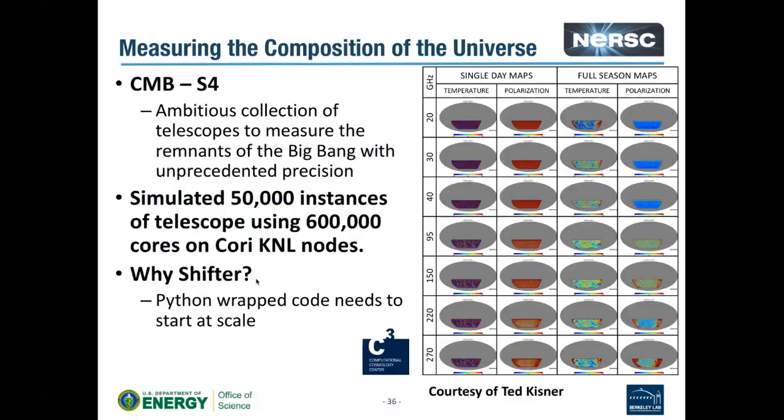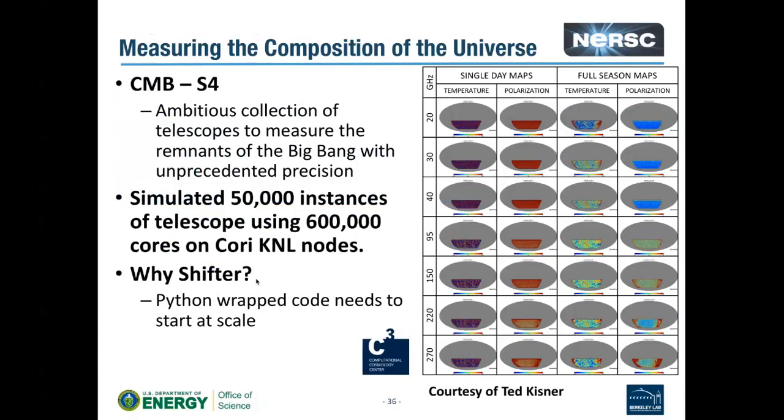And getting towards the hour here, this is just a real world example of somebody that used Shifter and Docker images to solve a science problem. In this case, what they're doing is simulating cosmic microwave background radiation for a next generation telescope. They needed to run all these different instances, and they wanted to run at the full scale of the Cori Phase 2 system.